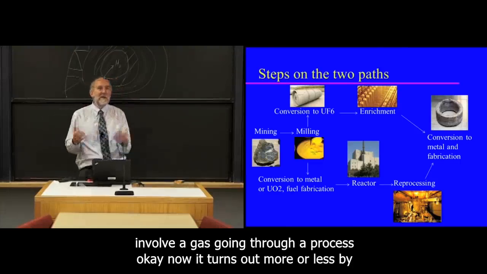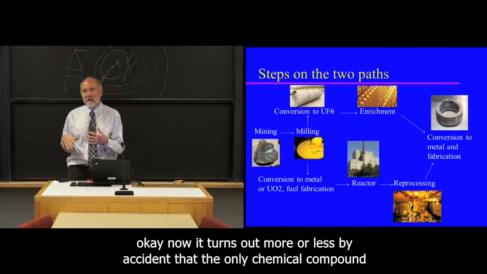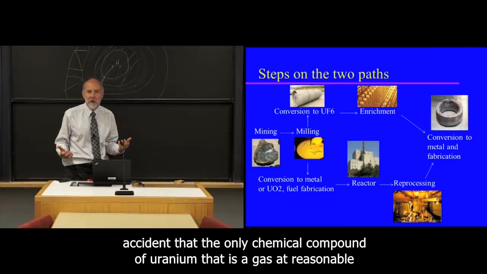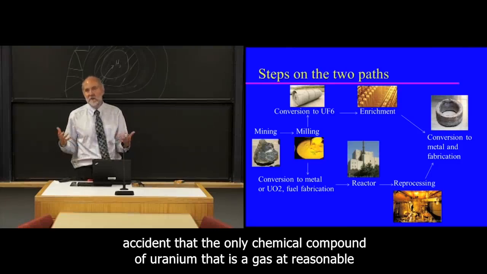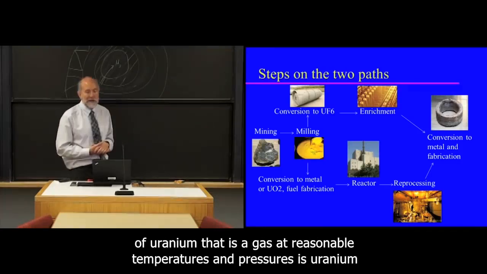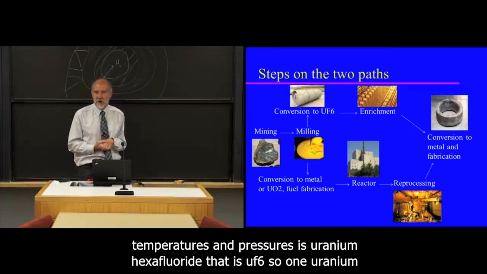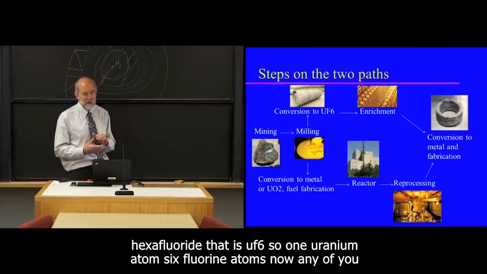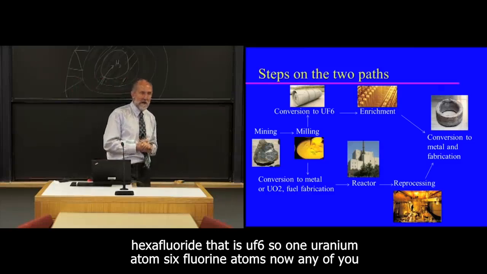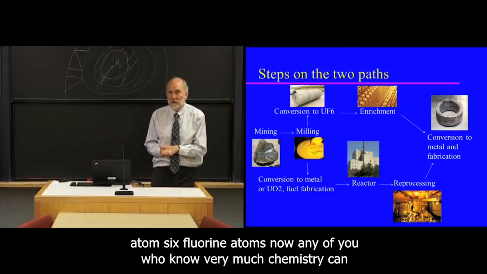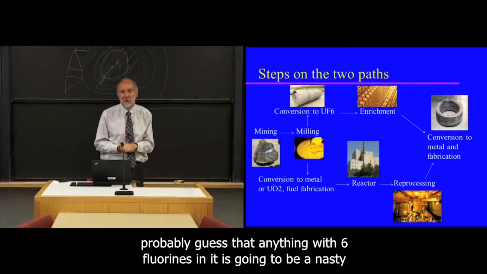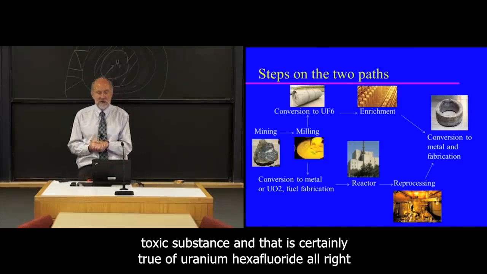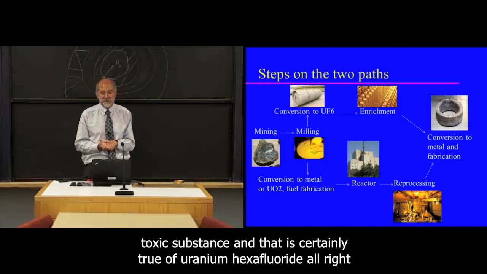Now it turns out, more or less by accident, that the only chemical compound of uranium that is a gas at reasonable temperatures and pressures is uranium hexafluoride, that is UF6. So one uranium atom, 6 fluorine atoms. Any of you who know very much chemistry can probably guess that anything with 6 fluorines in it is going to be a nasty toxic substance, and that is certainly true of uranium hexafluoride.